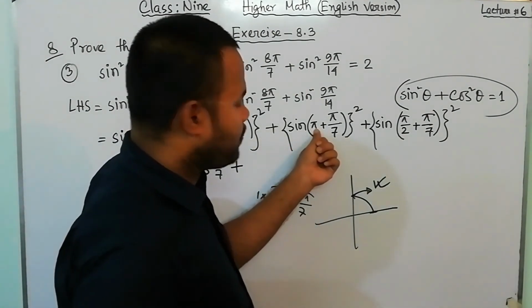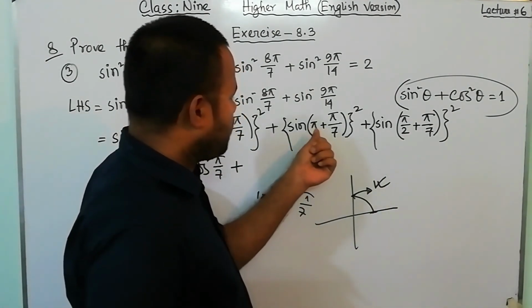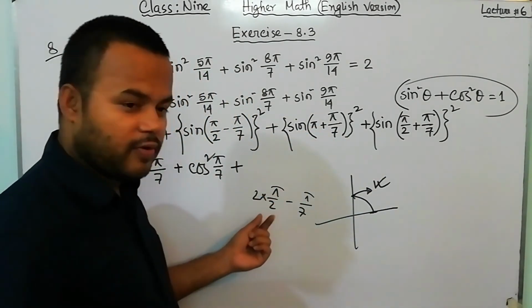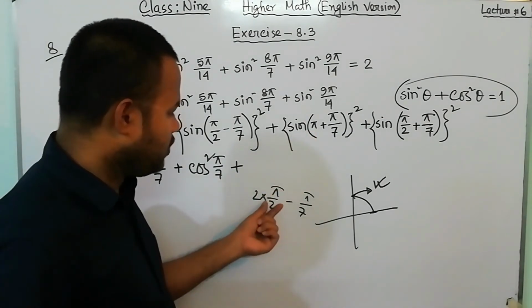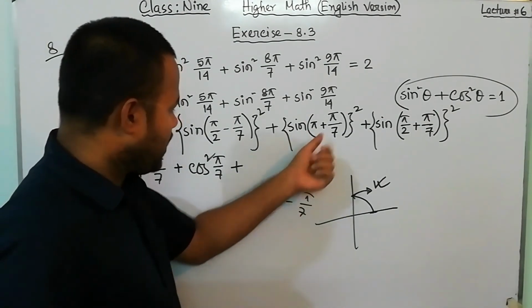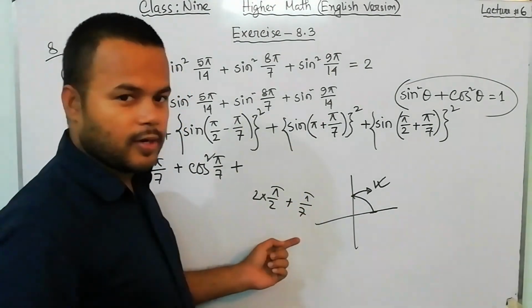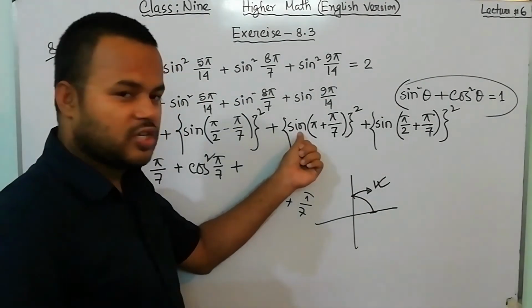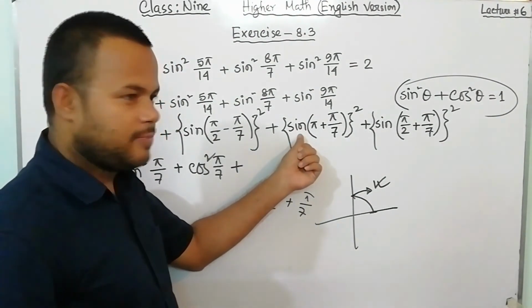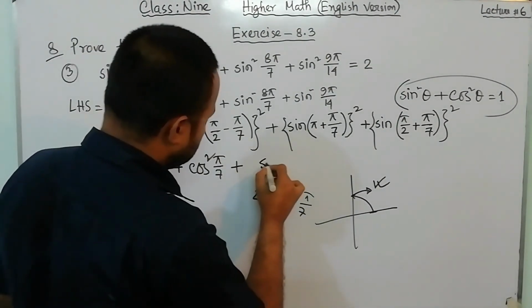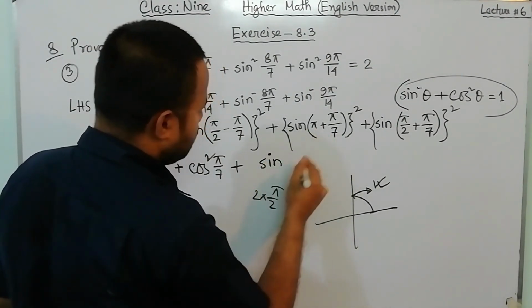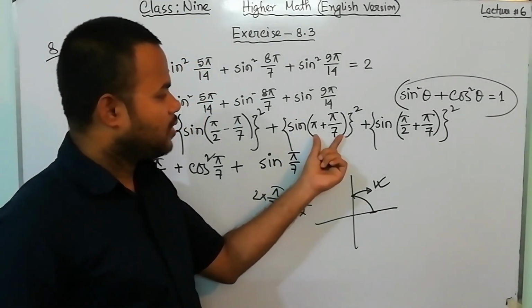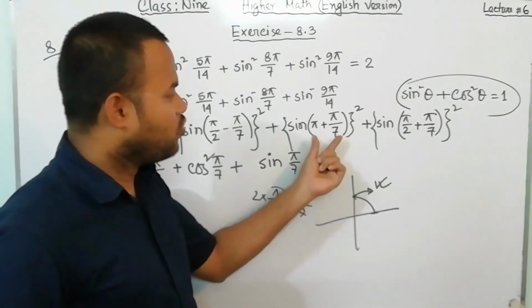Here pi, we can write this pi in terms of pi by 2. If we write this pi in terms of pi by 2, then we have 2 into pi by 2 plus pi by 7. Here 2 is even, so the term will not change, it will remain the same. Here the ratio will remain as sine, and put the angle pi by 7 here. This angle is in which quadrant?